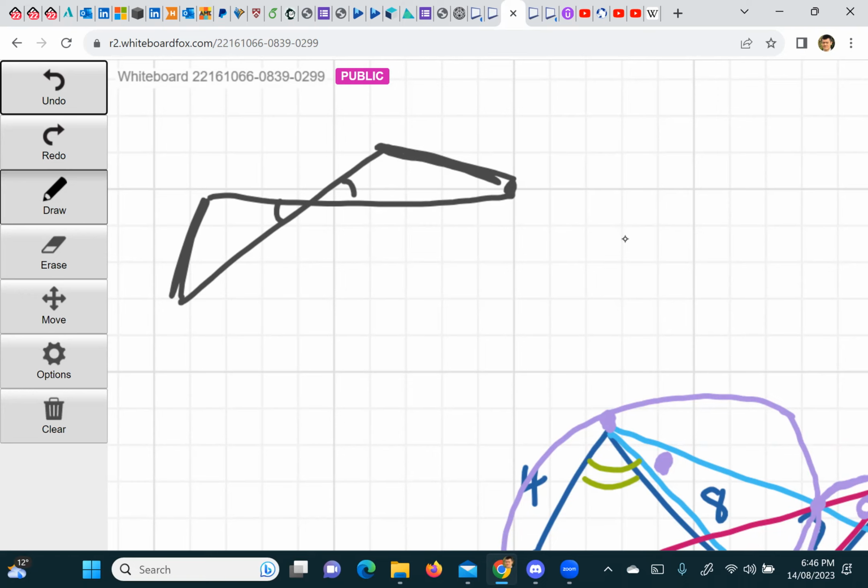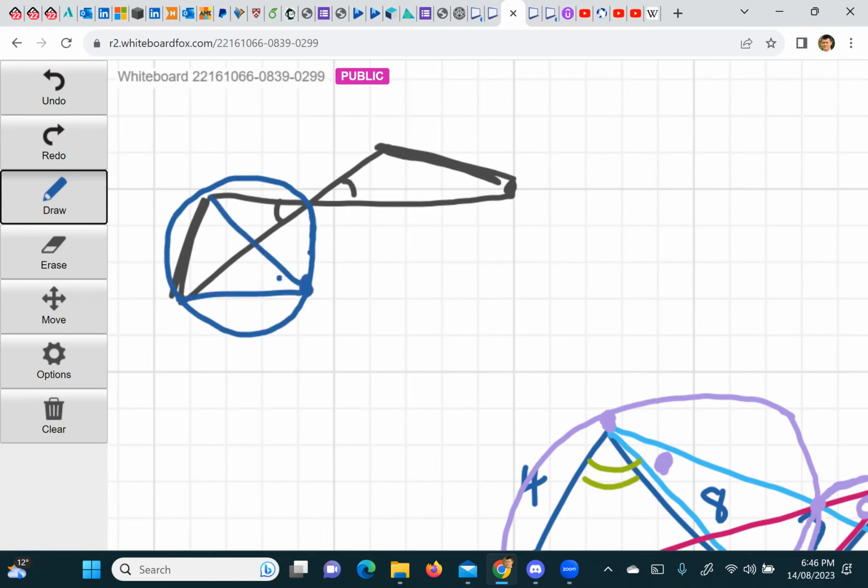But what you can do is transport this angle along a circle. So wherever this point goes, it could go somewhere here. It will make the same angle as it does over there, right? And you can do the same thing on the other side.